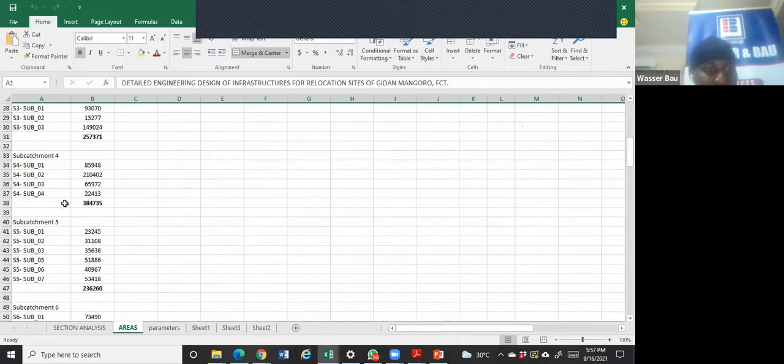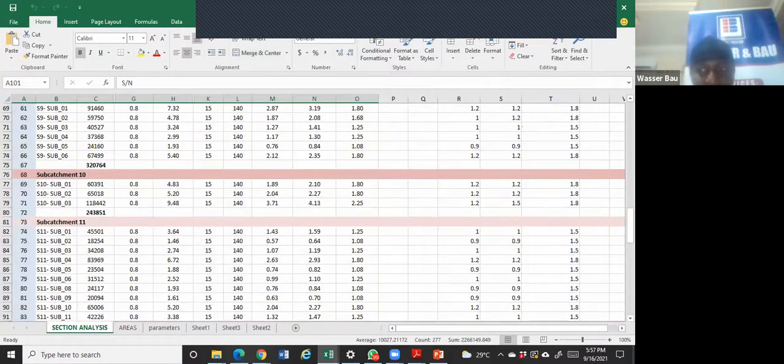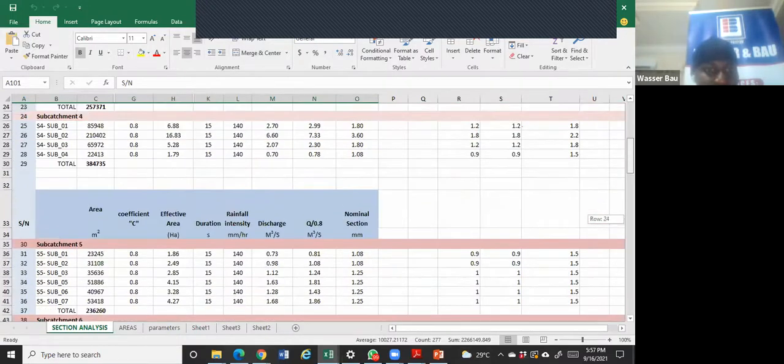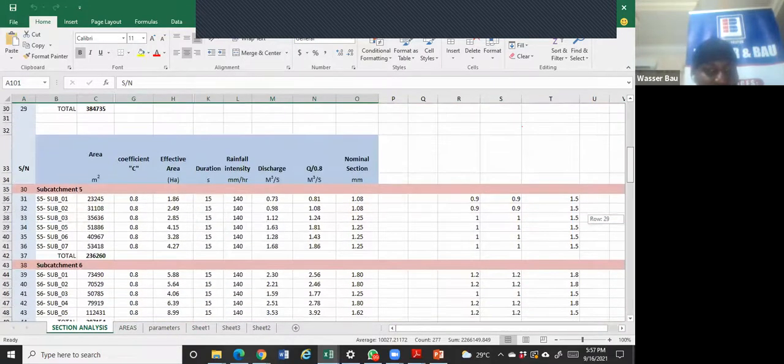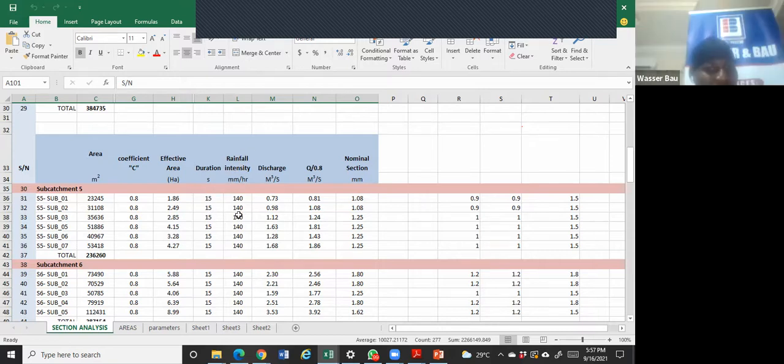This is the subcatchment, this is the area they are covering, this is the coefficient, then the effective area, then the duration. We use 15 minutes. Then the rainfall intensity, then the discharge. Once you get to the discharge, your problem is solved.